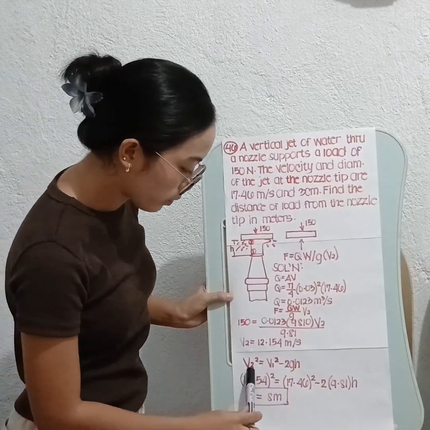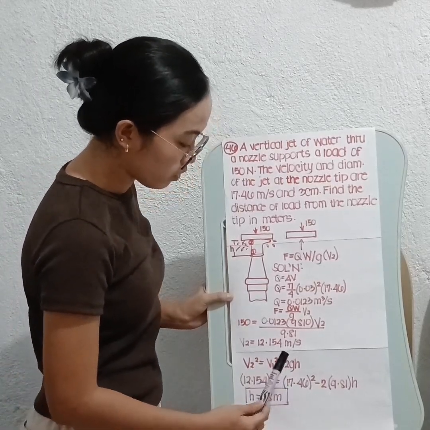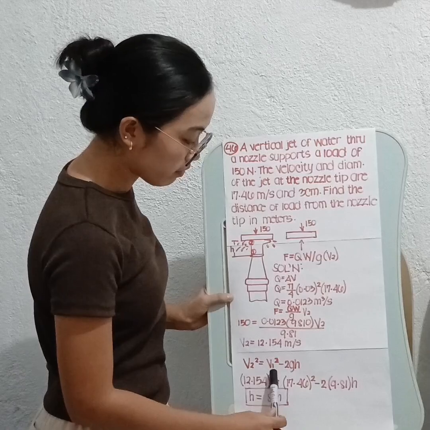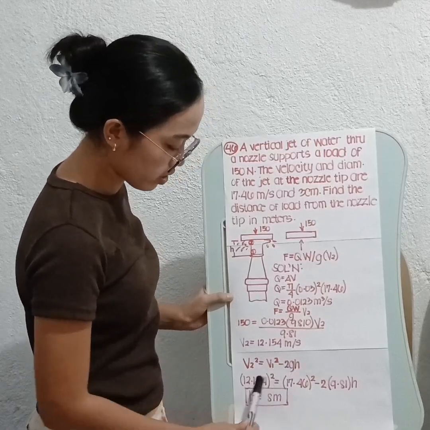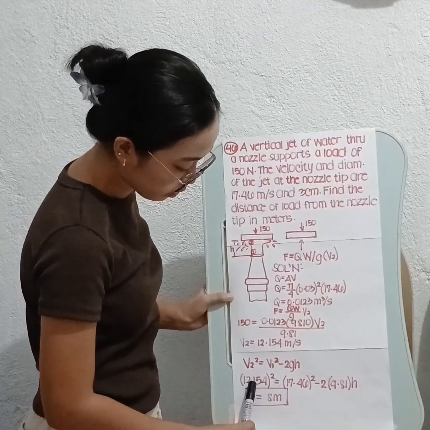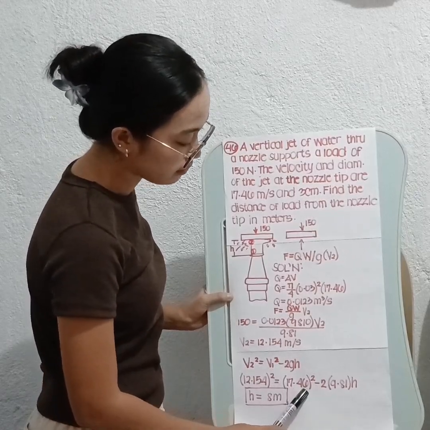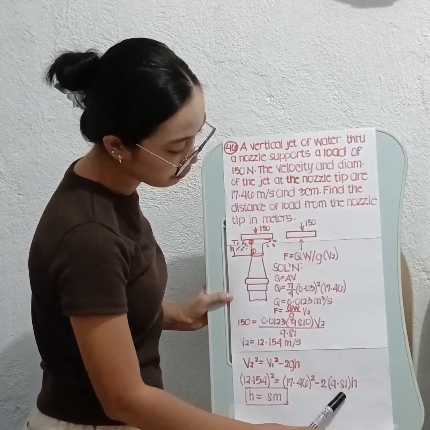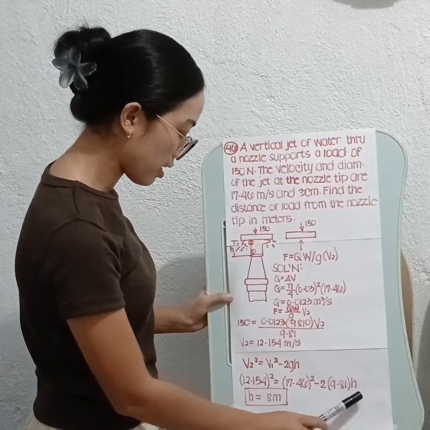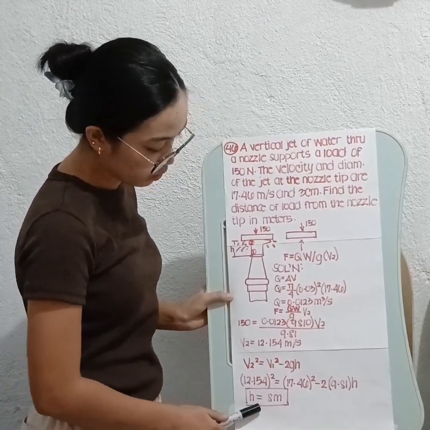Then our velocity squared is equals to the initial velocity squared minus 2gh, then 12.154 squared is equals to 17.46 squared minus 2 times 9.81 times h. So we got the value of h is equals to 8 meters.